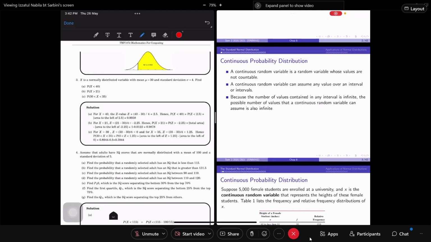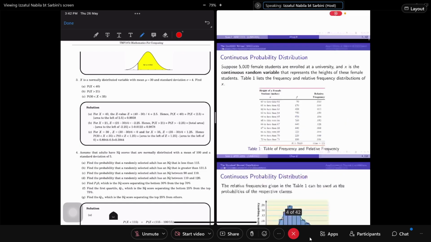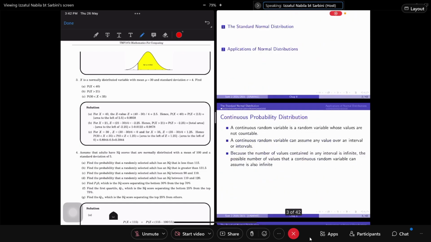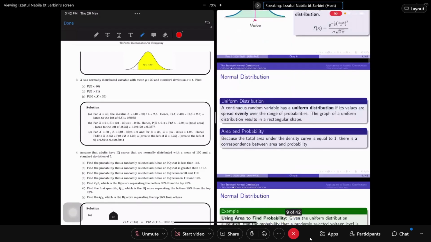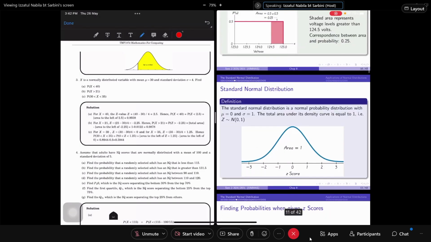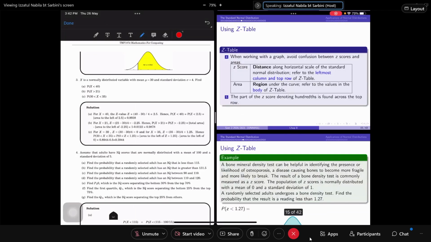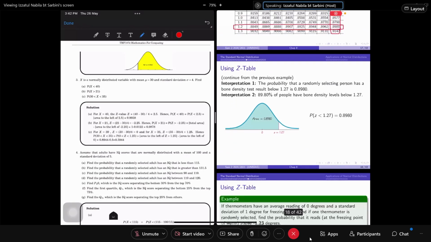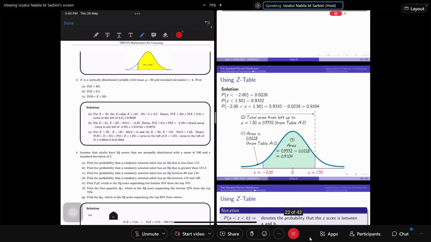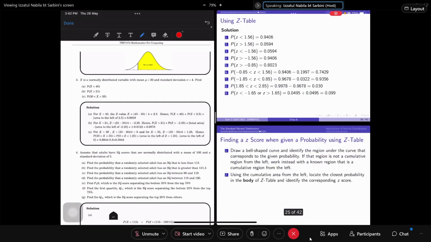Okay, X is a normally distributed variable with mean equal to 30 and standard deviation equal to 4. Okay, find the following. So when you refer to the normal distribution punya lecture, you will have a formula to calculate Z. Where is it? Sekejap, I go through.